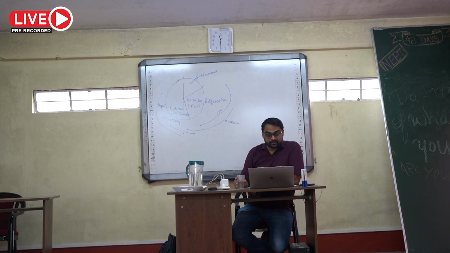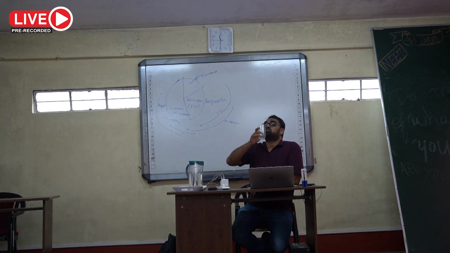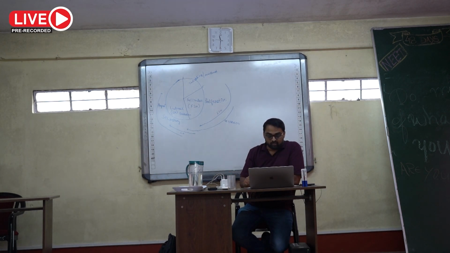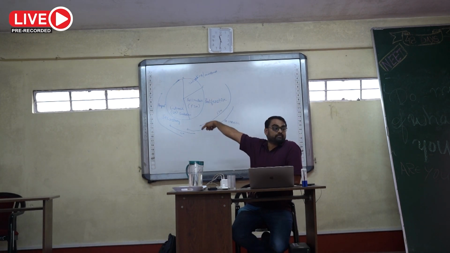Ovulatory phase, then menstrual phase, then follicular phase, and longest will be luteal phase. Very good. How many days does the luteal phase last? Luteal phase lasts for about 14 days.